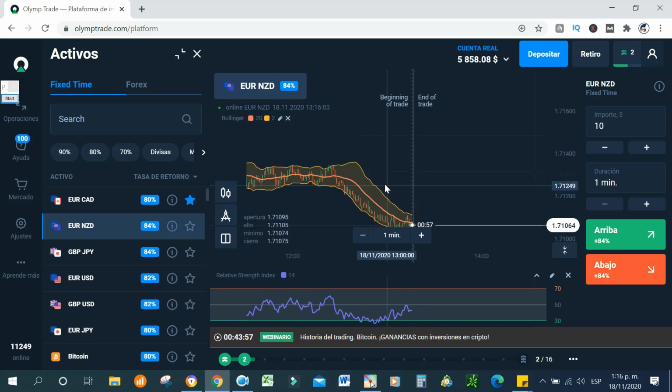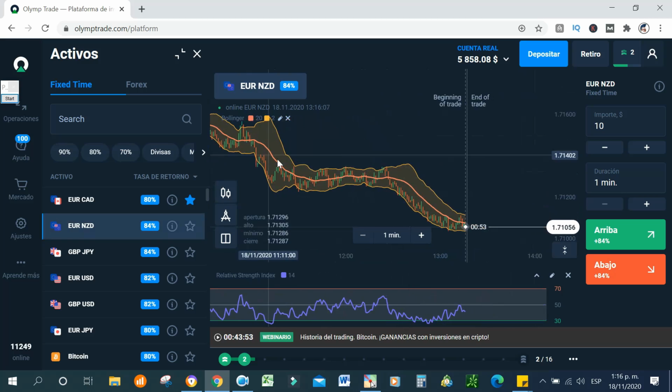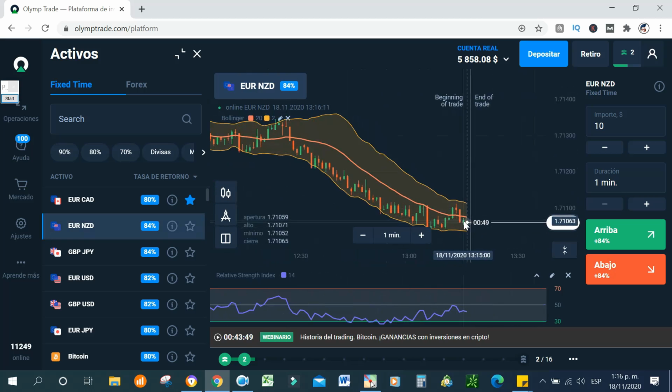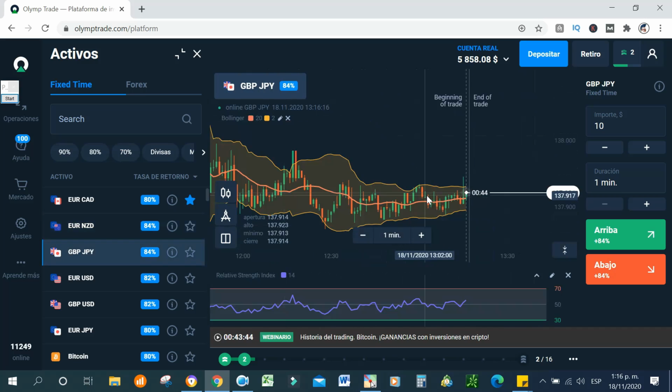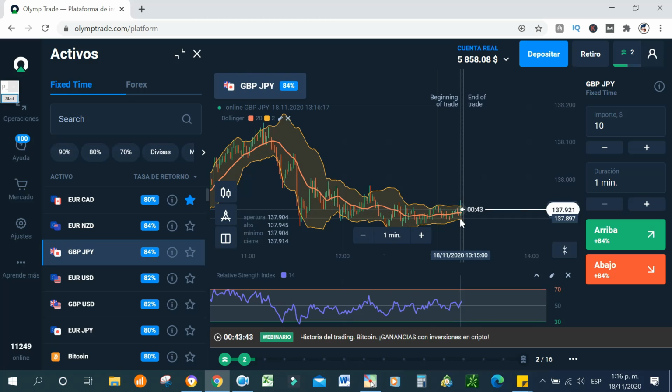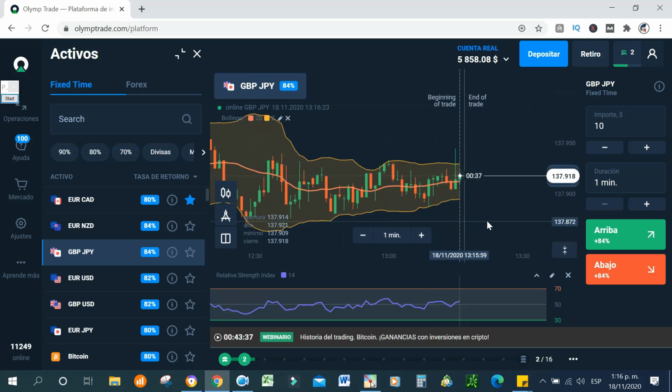So let's see, this one for example is trending downward, so it's not very good at all to trade this market. We can trade this one, which is in range. This is the optimal condition to trade this strategy, a range market.